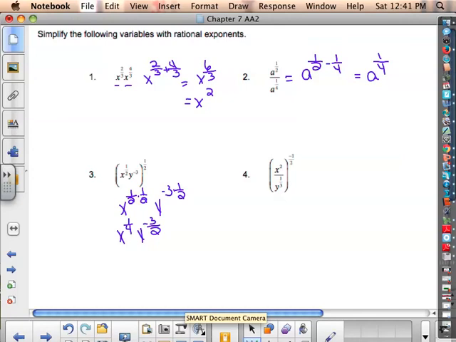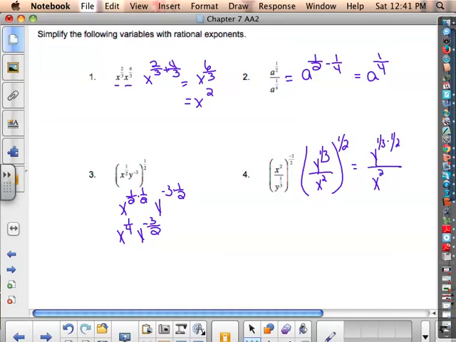Number 4, I have x to the -1/2. I actually think I'm going to eliminate that negative right away. I think it's easier to handle it that way. So I'm going to have y to the 1/3 over x squared raised to the 1/2. Power to a power gives me y to the 1/3 times 1/2 over x squared times 1/2.